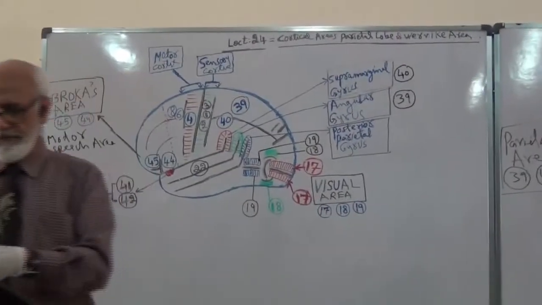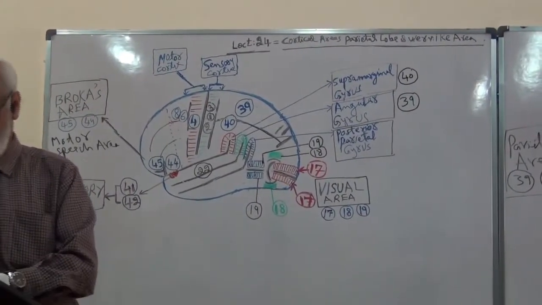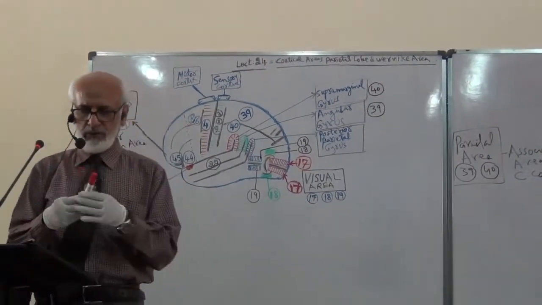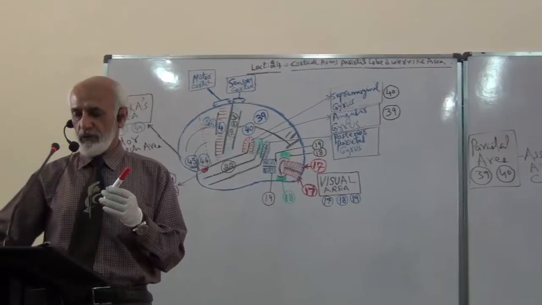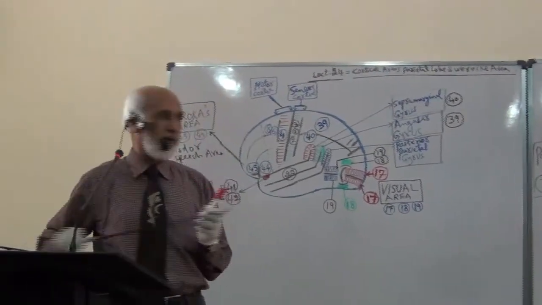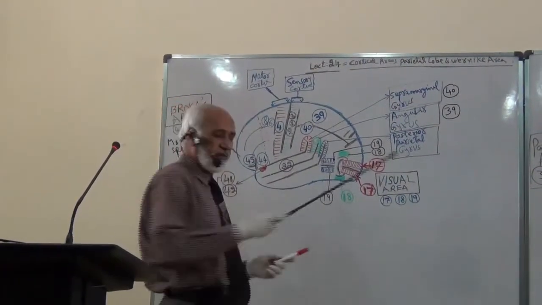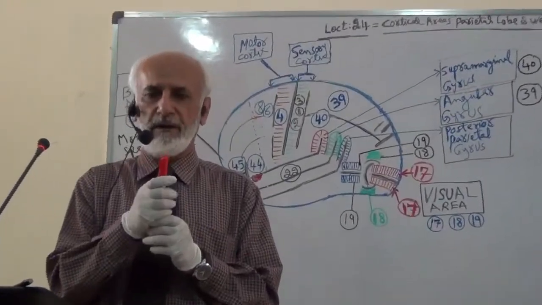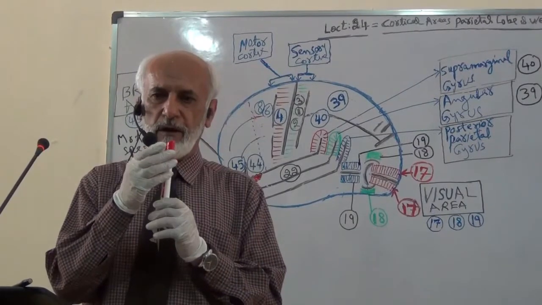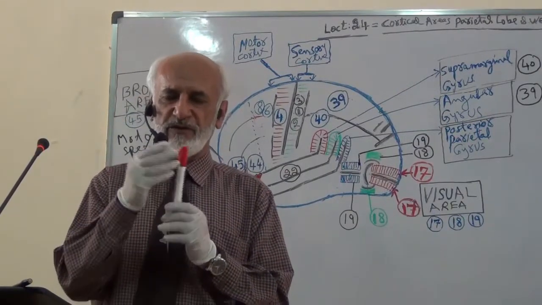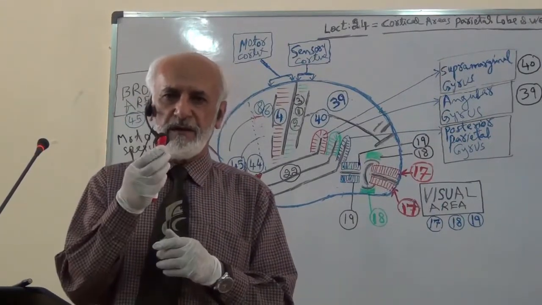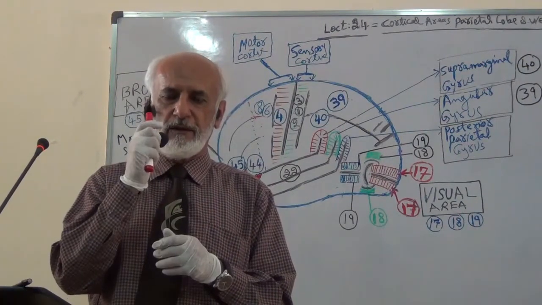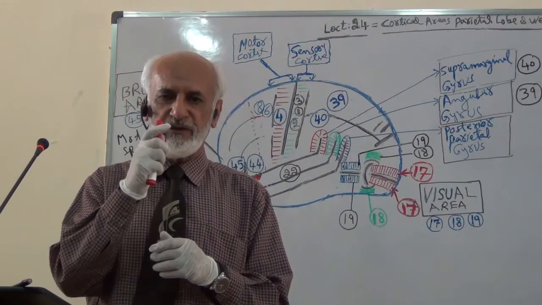Now, for example, I ask you what is this? So first of all, using your sensory cortex, area number 3, you will feel it, and you will come to know some sensory information about this object: it is hard or soft, what is its temperature, what is its shape.